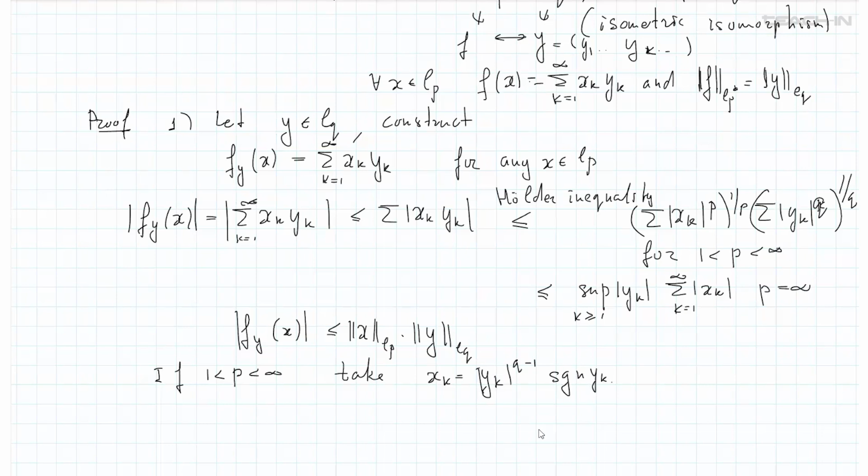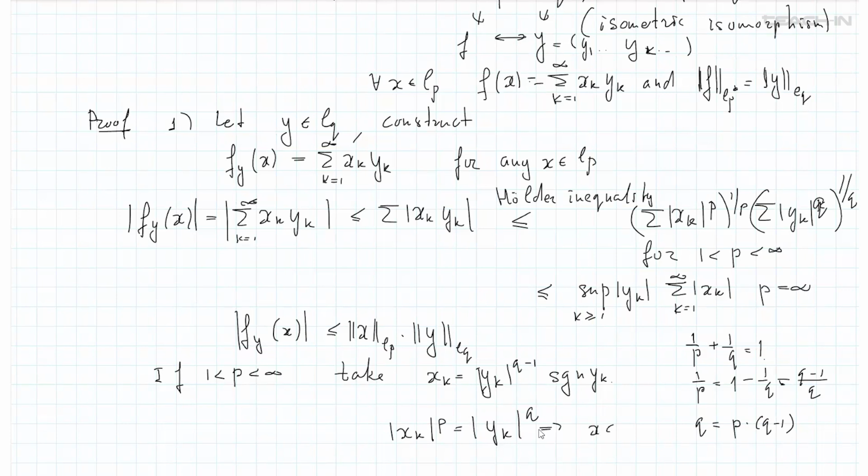And from the Hölder adjoint numbers, we can obtain what? 1 over p equals 1 minus 1 over q, so q equals p over p minus 1. So if we take xk to the power p, then it equals just this, so x lies in Lp.